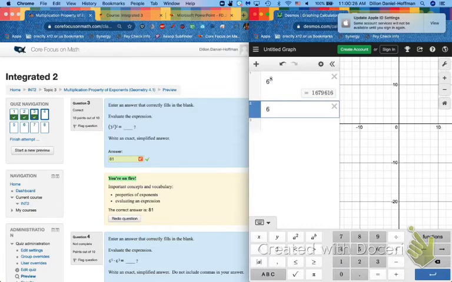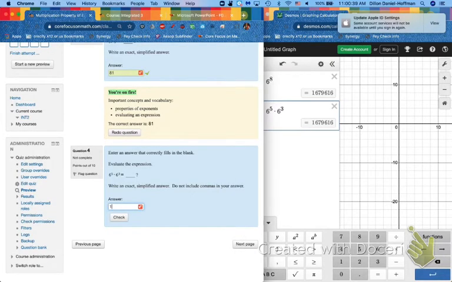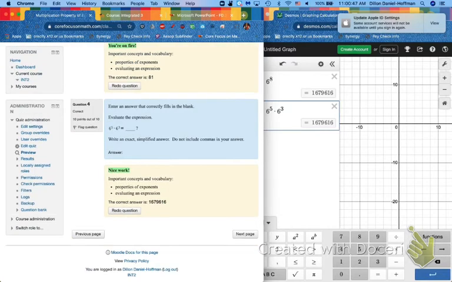I can prove this to you by typing in 6 to the 5th times 6 to the 3rd. It's a very long answer, but it is the answer. 1, 6, 7, 9, 6, 1, 6. All right.